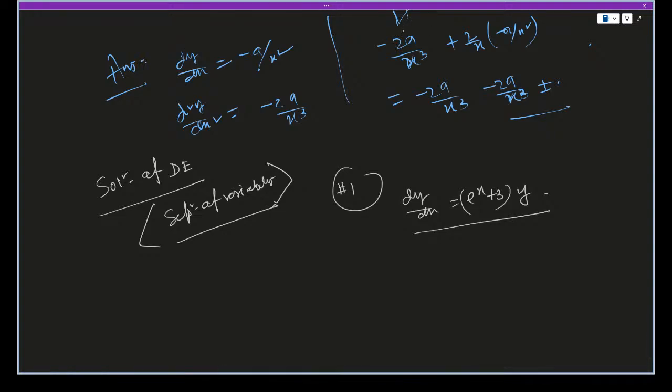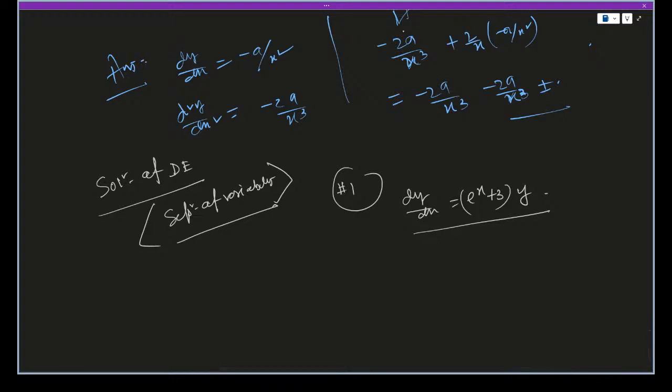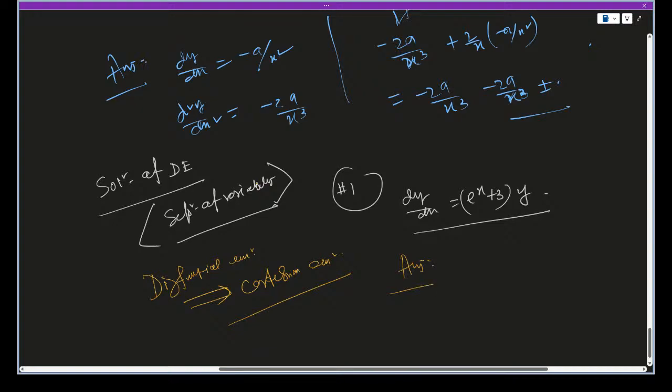Solution means I have to get here actually Cartesian. To differential we did. Here we will be doing differential to Cartesian equation. We have to get back the equation. So it means we have to solve. It means we have to integrate.